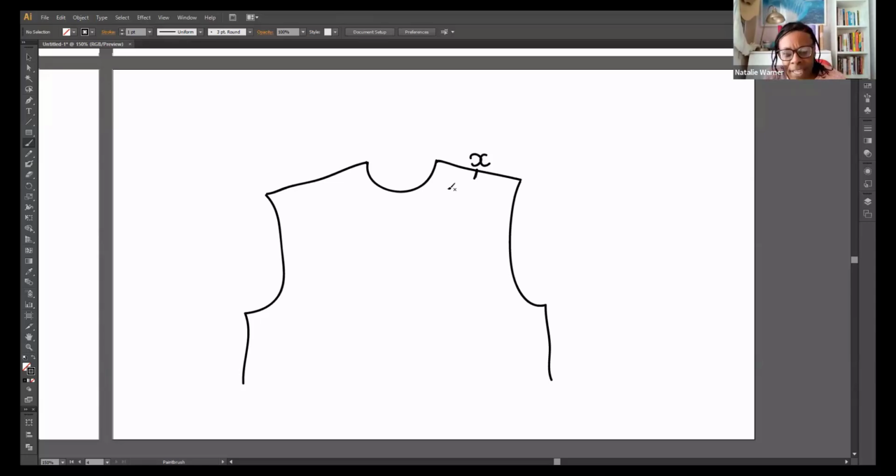What I'm getting at is the point X. Point X. So it's halfway along the shoulder. So X is that point halfway along the shoulder. So that's one way of understanding that point. You could also, that point halfway along the shoulder, that will be the case for whatever shape body that jumper gets drafted for.